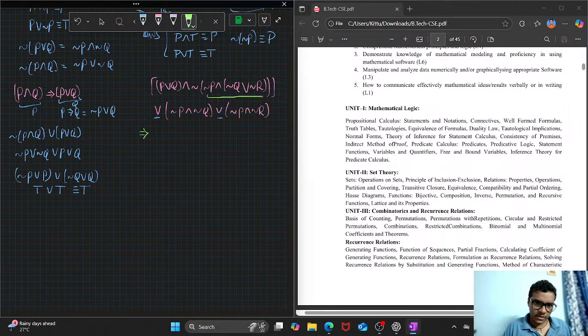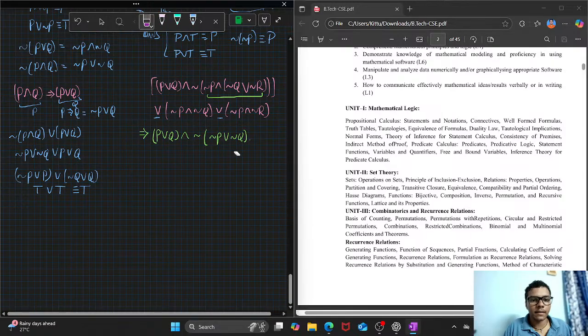Actually, you have a distributive law applicable here. So let's do that. P or Q is the first term and negation will be there. Negation of P or negation of Q. Sorry, negation of P and, right. The R will be in the middle.